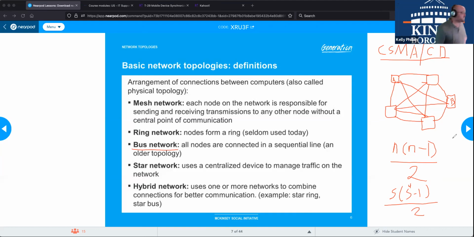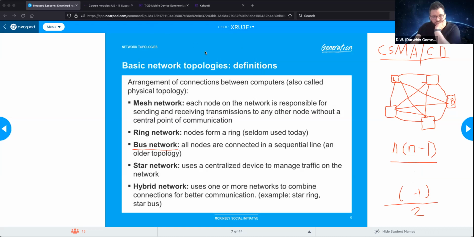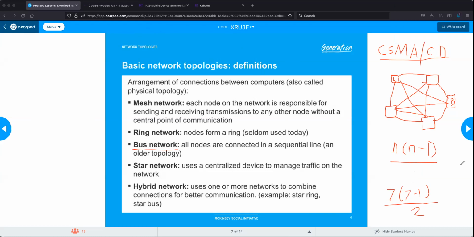So 10 cables. Now let's do the same thing with 7. So we have 7 computers. So 7 times 7 minus 1. So 7 times 6 equals what? 42. 42 divided by 2. 21.